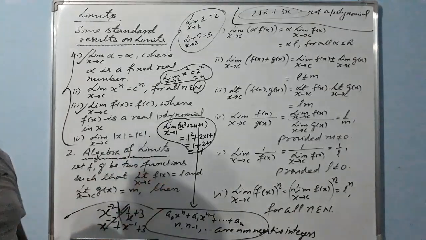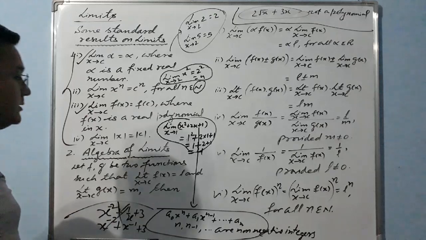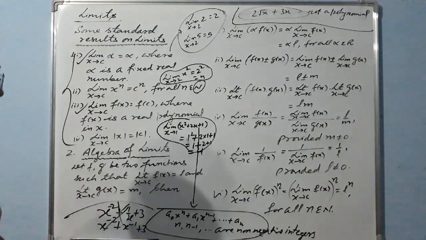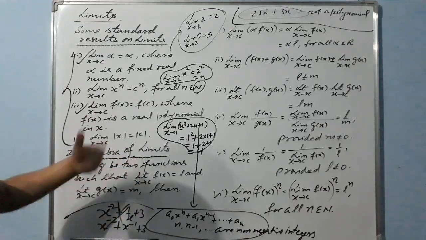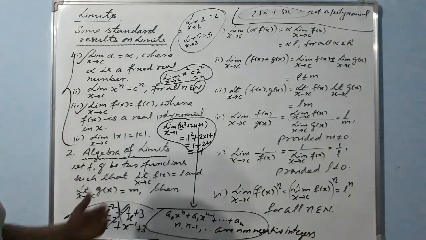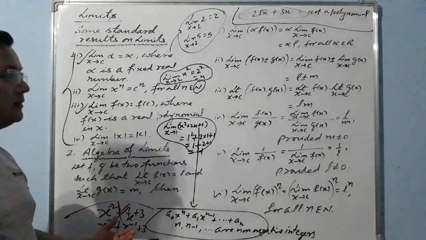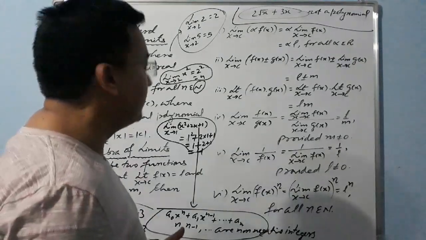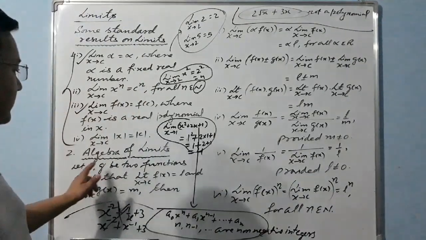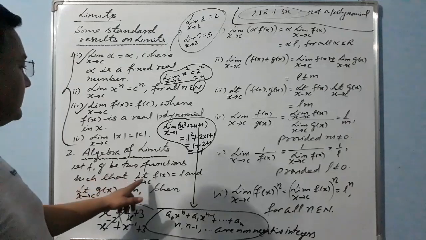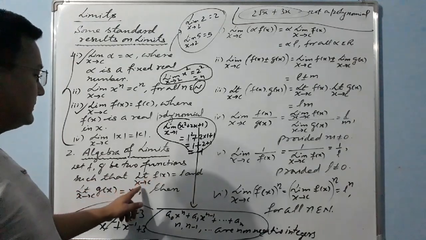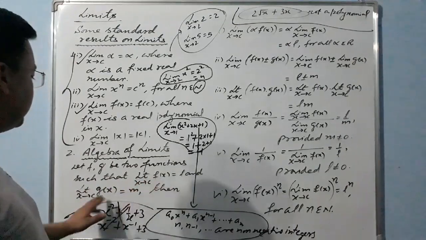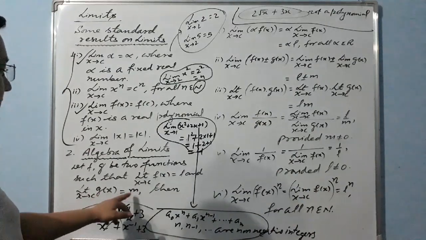Already I have a video on this. If you go through that video, you can also find out, right? Again I have added it so that it will be easy for you to understand the questions which we are going to solve. So let f and g be two functions such that limit of f of x as x tends to c is l, and limit of g of x as x tends to c is equal to m.